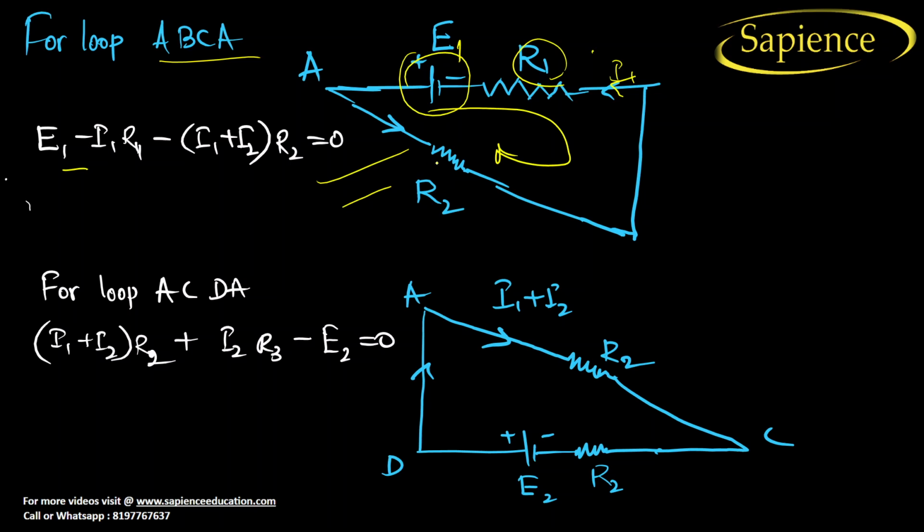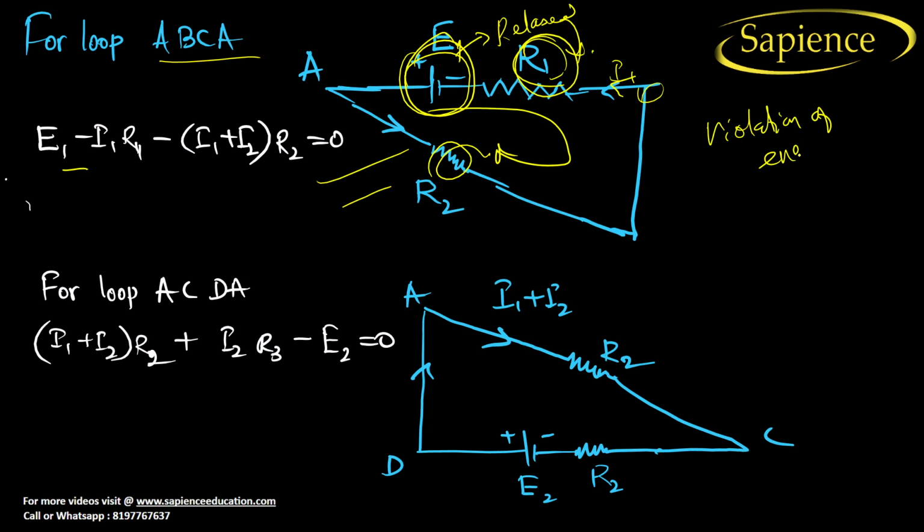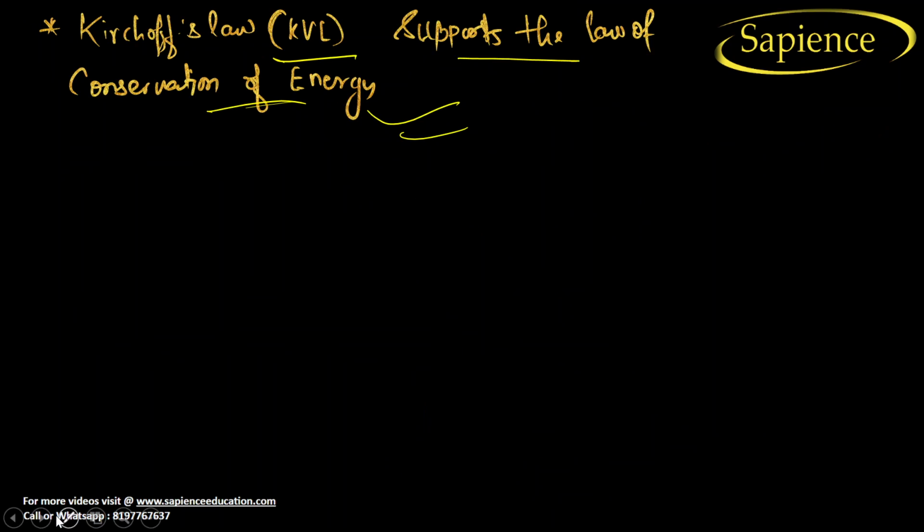Whatever energy is being released by this source will be consumed in the same amount by the resistance. If it does not happen, it means that there is a violation of the energy law. So that's why we can say that it follows Kirchhoff's voltage law.